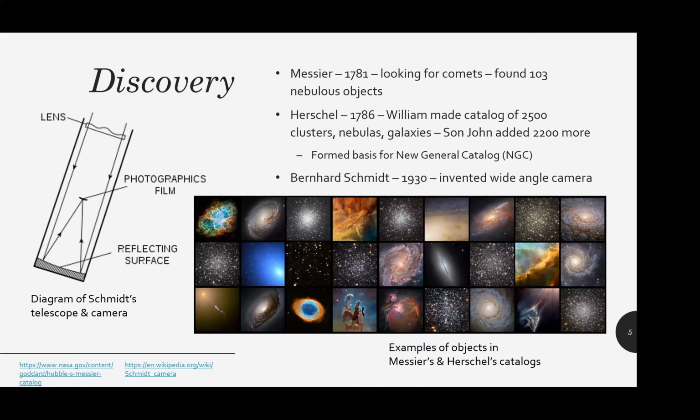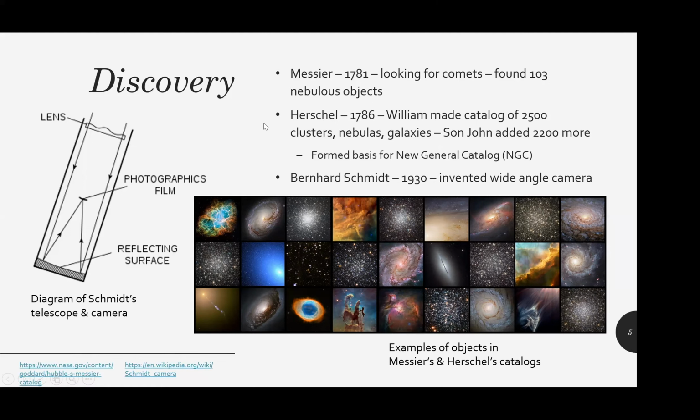Every night he would take out his telescope and look through the sky, and he identified fuzzy objects. Like I said, some of them were galaxies, some of them were nebulas, some of them were star clusters. He didn't actually end up finding any comets, but we do have this catalog now that he started, that we use to look at interesting things in the night sky.